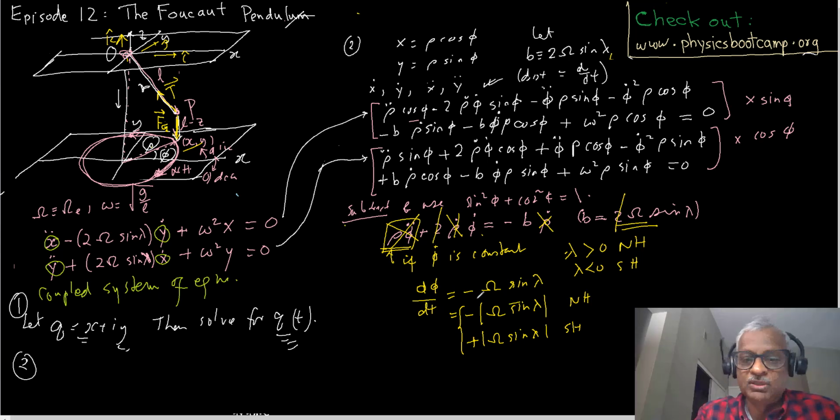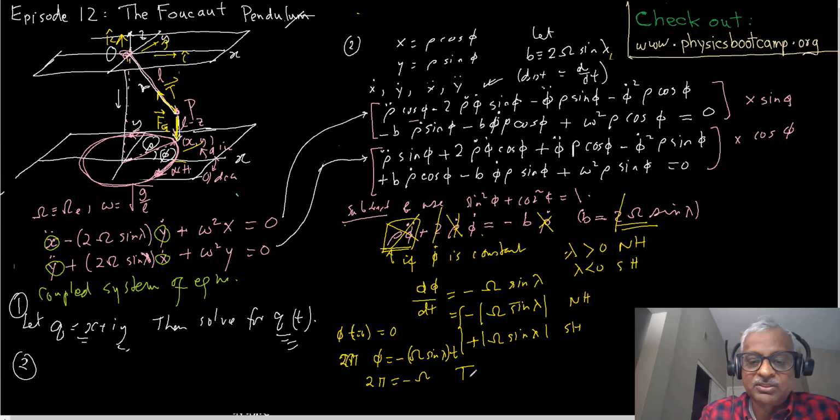And so phi, you can solve this. Say phi at t equal to 0 is 0, so you start with the x-axis. So you go back to the x-axis after some time t, 2 pi. So this is phi equals minus omega sine lambda times t. So this becomes 2 pi when the time period for this precession has elapsed.